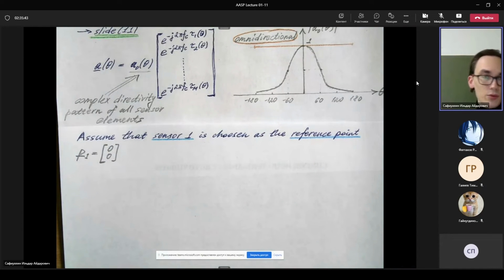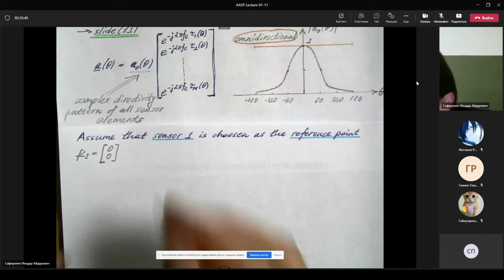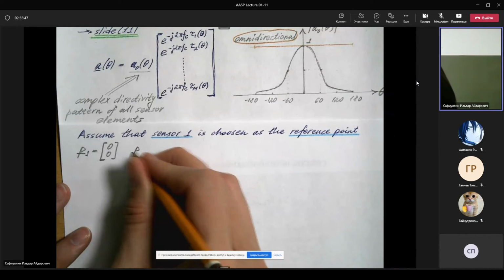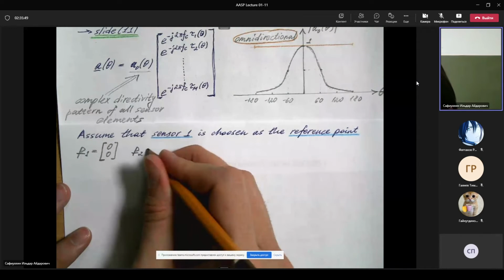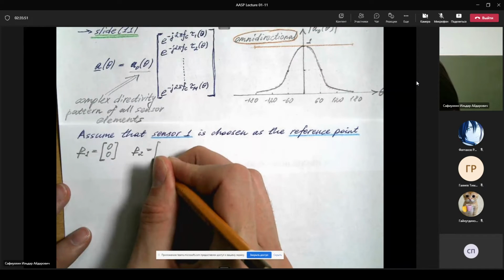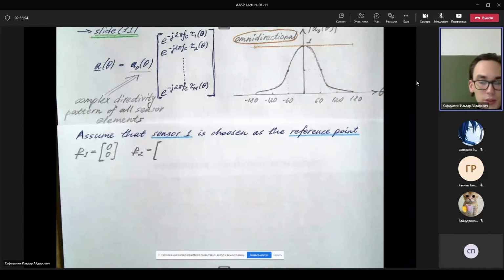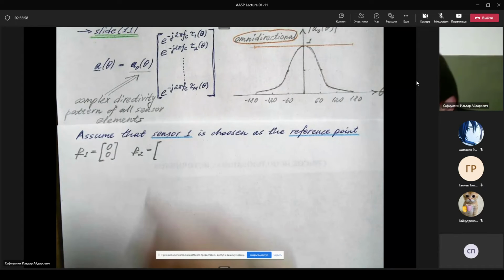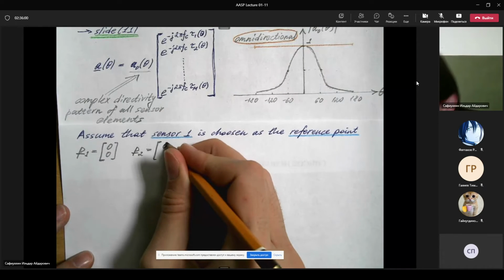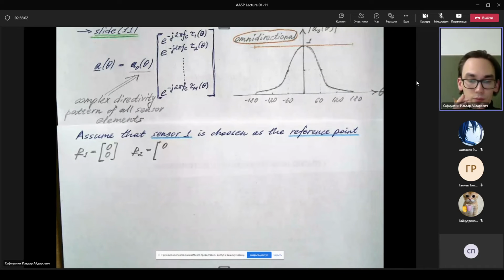But now let's go to sensor 2. So P subscript 2. In this case, we will keep, for example, the X value, so it is 0. And now we need to put this inter-element spacing between the first sensor and the second sensor.